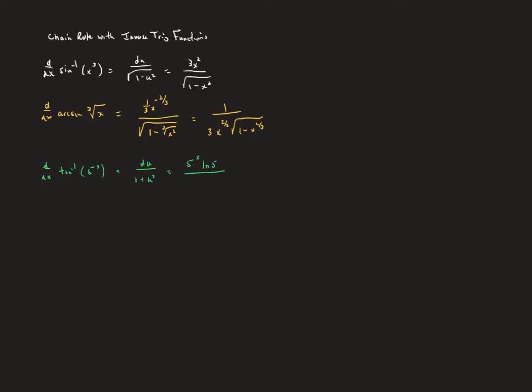It's going to be 1 plus 5 to the x squared. So you'll be expected here to simplify that. And of course, remember, when you raise a power to a power, you're going to multiply those exponents. So we'll get to 1 plus 5 to the 2x.